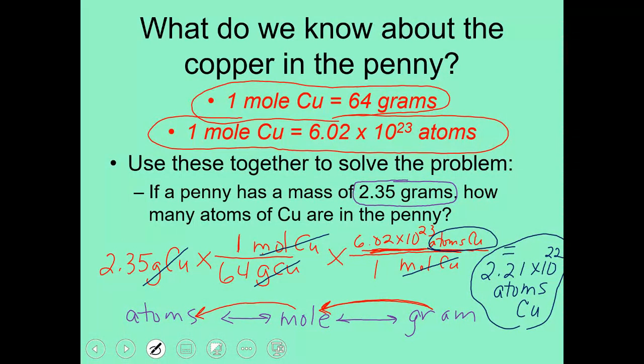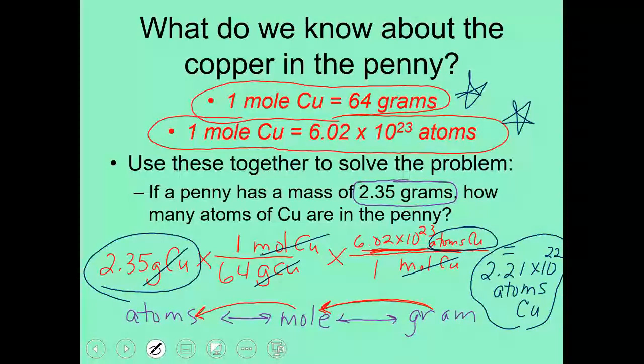And second of all, they are way too small for me to even see them, and they're all stuck together. But by simply plopping my penny on the balance, getting the mass, and knowing these 2 conversions, I was able to figure out how many individual atoms make up that penny. And it's 2.21 times 10 to the 22.